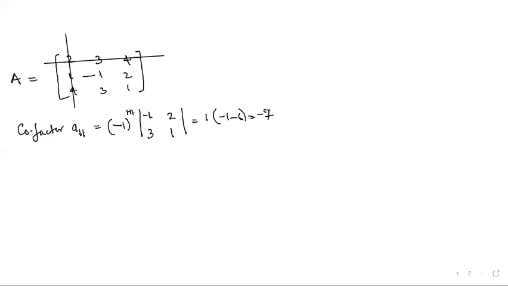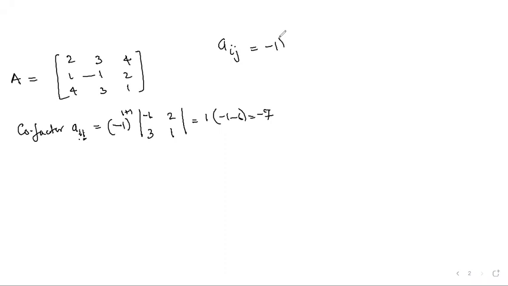Is it fine? Everybody understood how to calculate cofactor? Yes, sir. This much is called minor. When you multiply with the sign, positive or negative, this is only a decision of sign. I hope you understand this. 1 plus 1. Sir, that 1 plus 1 you took because 2 was there, no? No, because the row number is 1, column number is 1. Oh, okay.